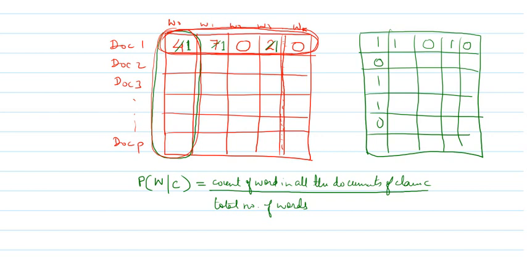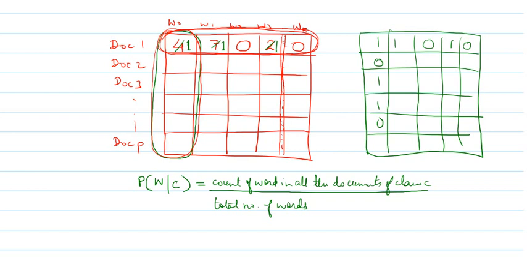It is actually the fraction of tokens in the documents of class C that contain the term T, or in other words, the fraction of positions in the documents of class C that contain the term T.